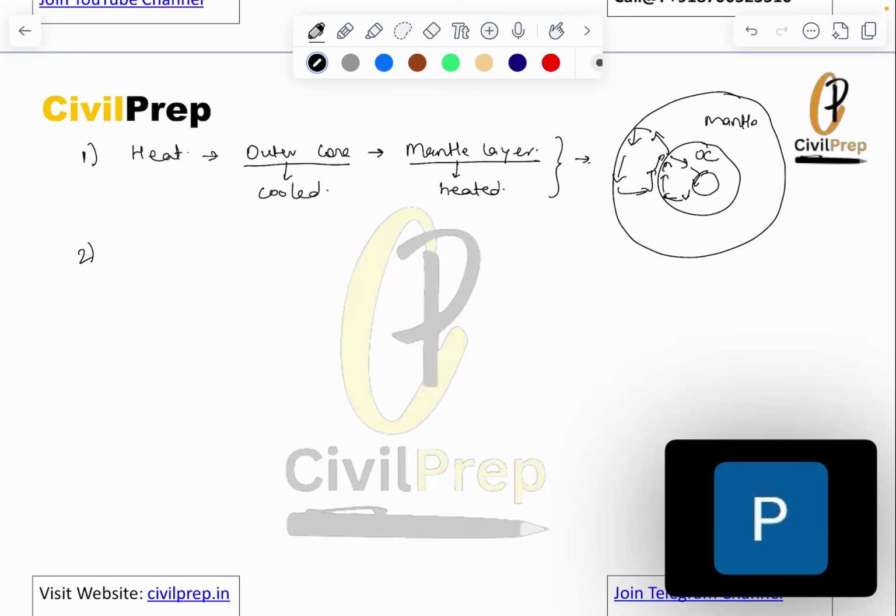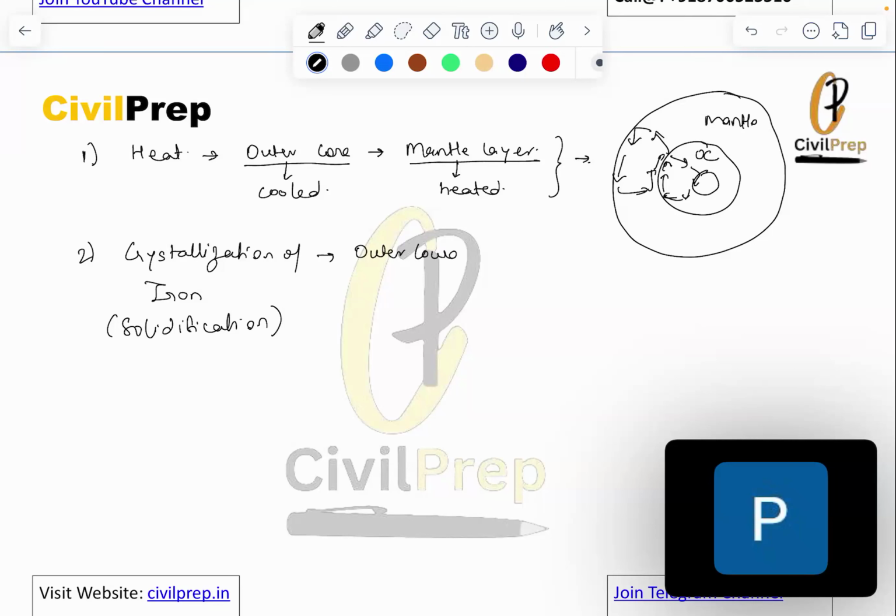Second thing, what is happening here is crystallization. There is crystallization of iron, that is, solidification. It is taking place at the outer core and inner core boundary.